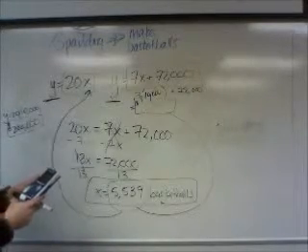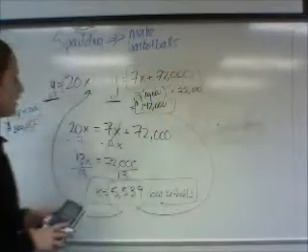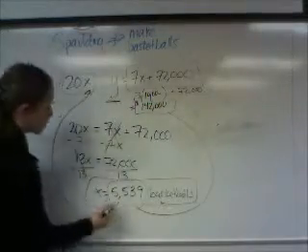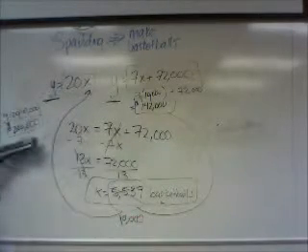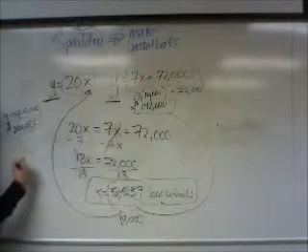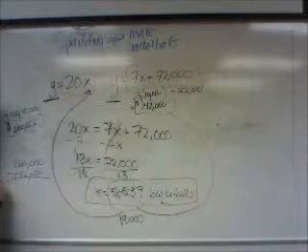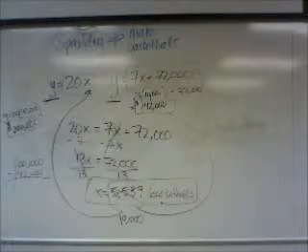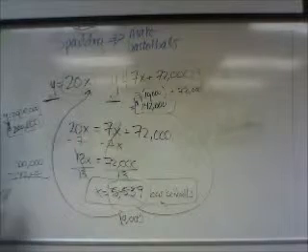It only cost $142,000 to make 10,000 basketballs. And I made $200,000. So I made a profit of 200,000 minus 142,000, which is $58,000.